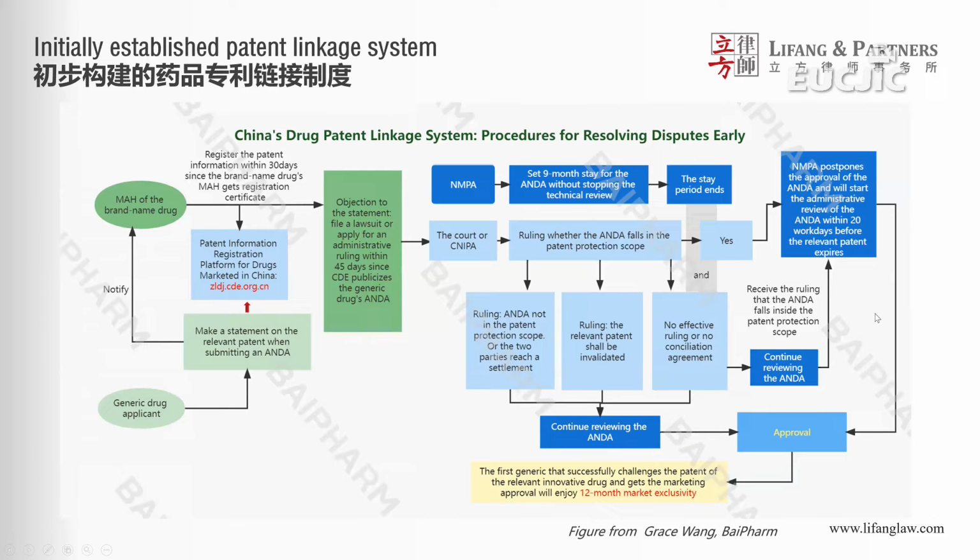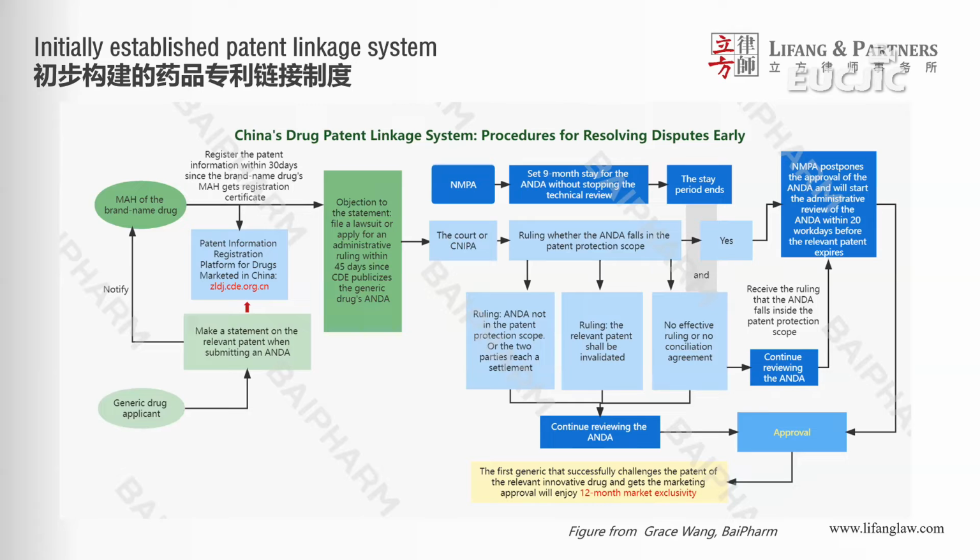Okay, this figure looks a little bit complicated. Bear with me one minute. Let me just lead you through reading these figures. This is a summary of what has been established for this patent linkage system in China. If you follow the green background on the left side of this slide, you see the MAH, a drug owner, after obtaining drug approval, needs to list the patent on this so-called patent registration platform.